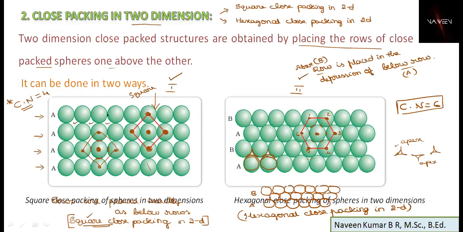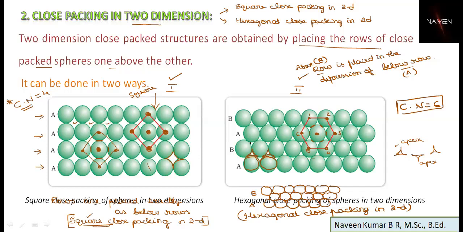Though the particles are compactly arranged, which are hard spheres, rigid bodies, you are going to see this kind of empty spaces, either in the form of a triangular shape with apex upward, apex downward in the case of hexagonal close packing, or with this kind of shape in the case of square close packing.